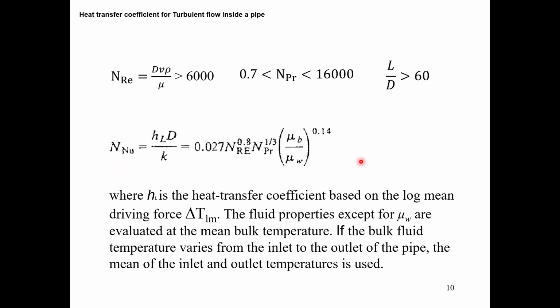Under that scenario, you can use this form to calculate your heat transfer coefficient. Again, read this description to know at what temperature these fluid properties should be evaluated. All right, so these are to estimate heat transfer coefficient when flow is happening inside a pipe.